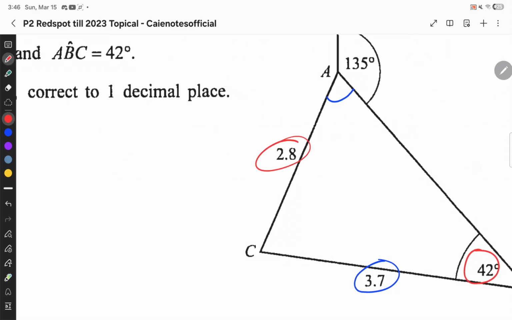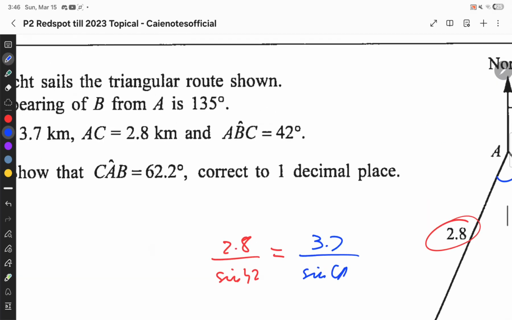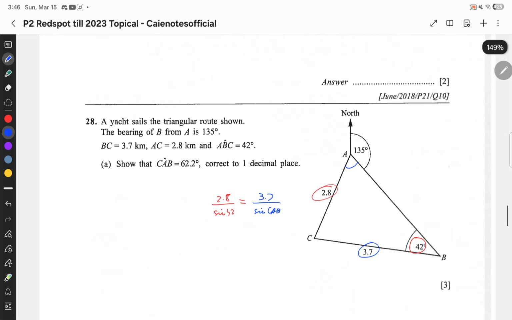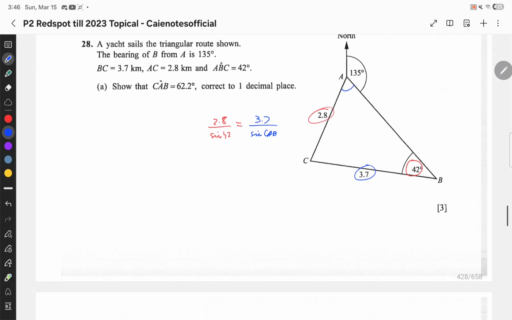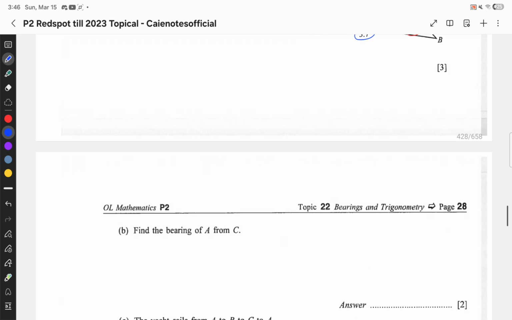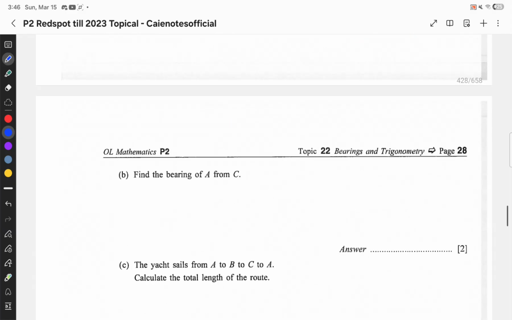It's 2.8 over sine of 42 equals 3.7 over sine of CAB. You calculate this and then we get the angle. Let's just keep using 62.2 for now, because we know that is the answer that we will get eventually.